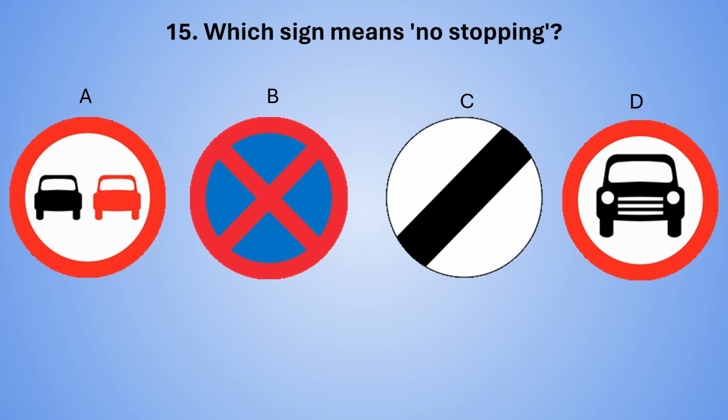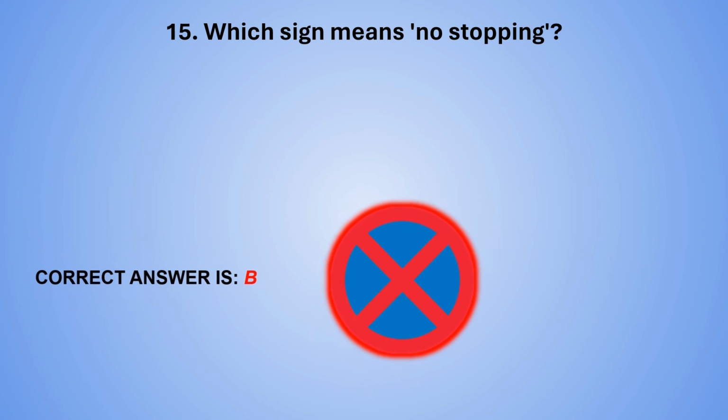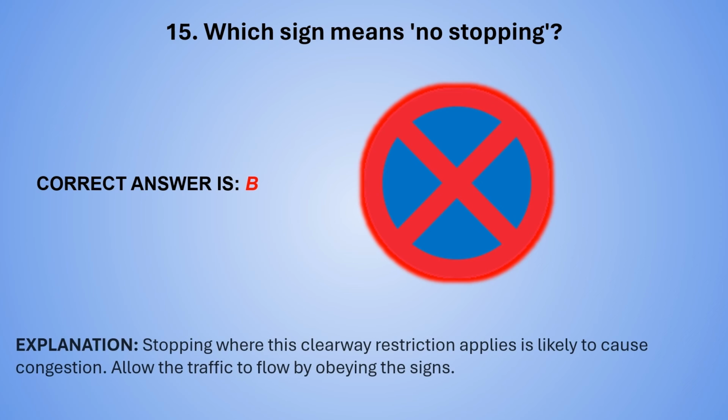And the correct answer is sign B. Stopping where this clearway restriction applies is likely to cause congestion. Allow the traffic to flow by obeying the signs.